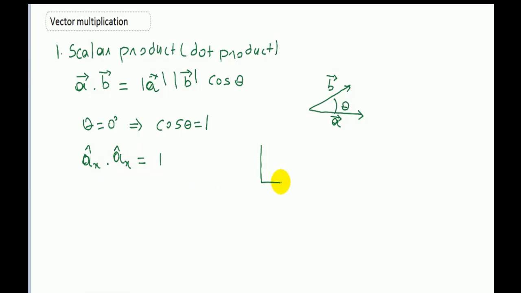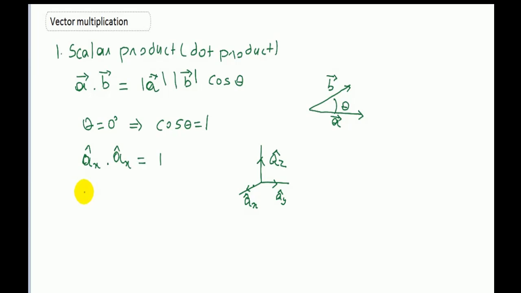If I make a coordinate axis, this is ax cap, this is ay cap, and this is az cap. So as you can see, ax cap is in the same direction and we will get 1.